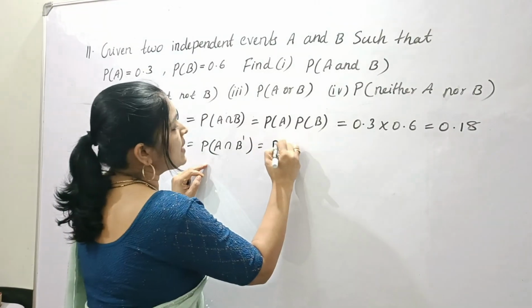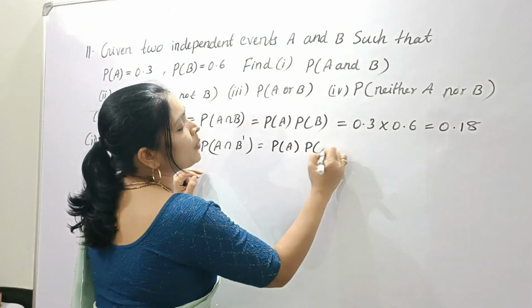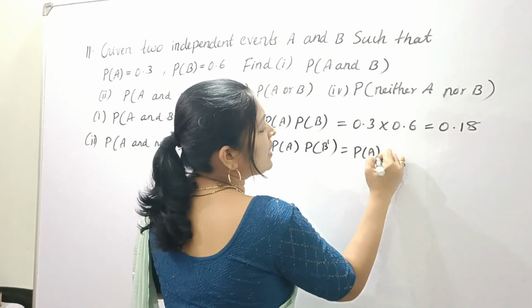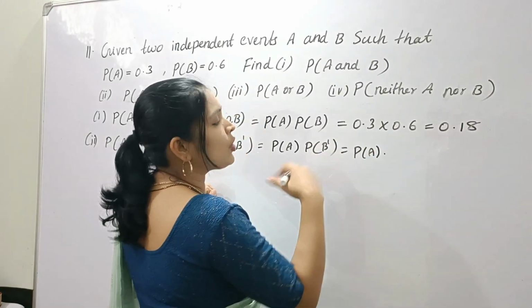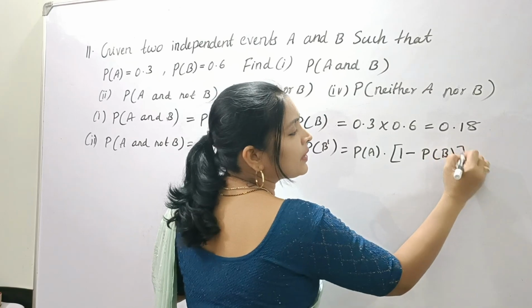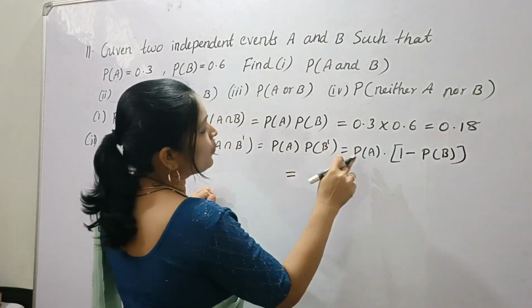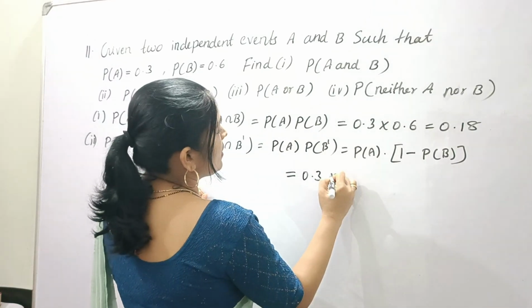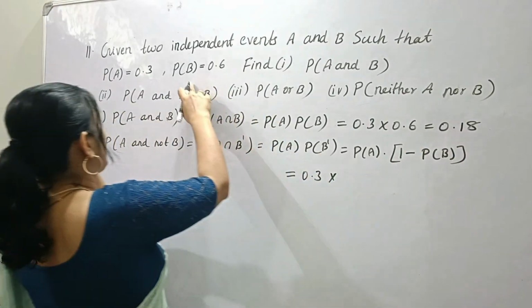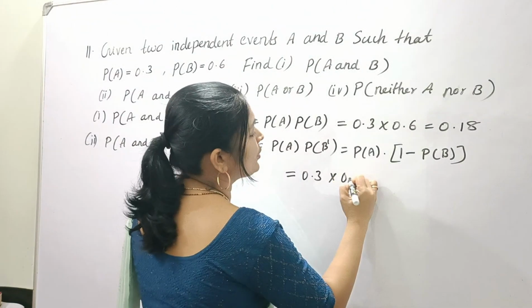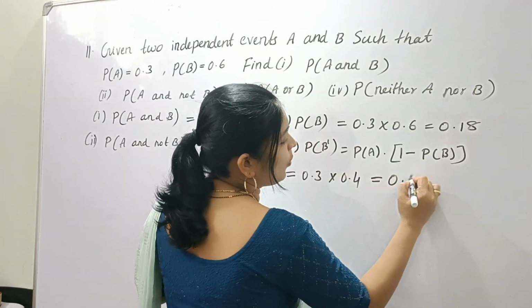Therefore, this can be written as probability of A into probability of B complement. Now, how can we write probability of B complement? That is 1 minus probability of B, right? That is equal to probability of A is 0.3, into 1 minus probability of B. Probability of B is 0.6, so 1 minus probability of B is 0.4. That is equal to 0.12.